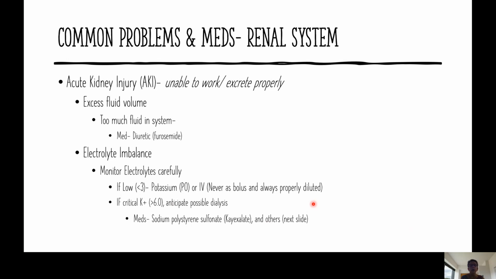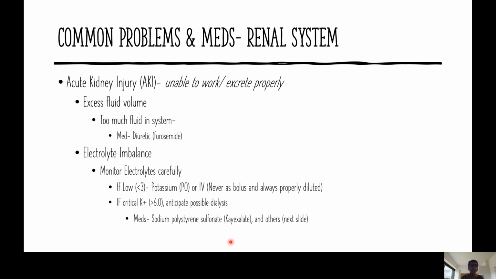I'm not going to go into that right now. It's not something that you're going to be doing. Just know that you're never going to draw up potassium and push it as a bolus. It's always going to be diluted in a larger volume, given over a larger period of time, and I always have my patients on cardiac monitors because it can cause cardiac arrhythmias if it's going too fast, or you just want to make sure that you don't have any dysrhythmias.